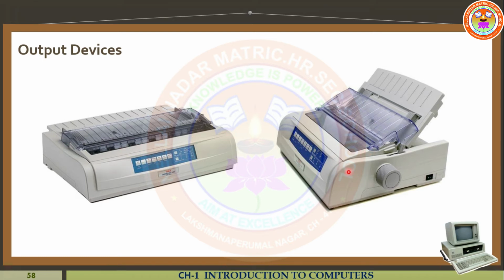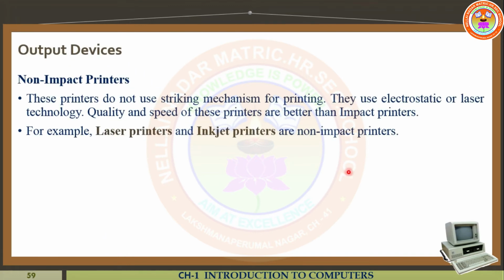Okay, right. The next type is non-impact printers. These printers do not use a striking mechanism, unlike the previous impact printers. This is not like that. They use electrostatic or laser technology.